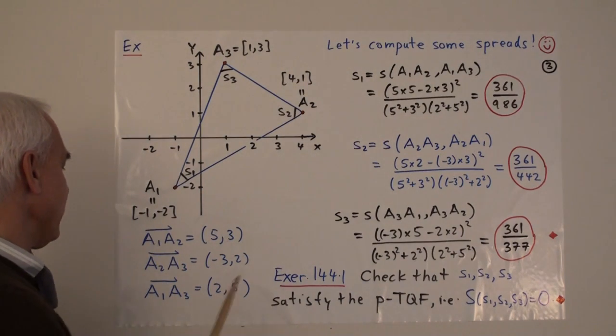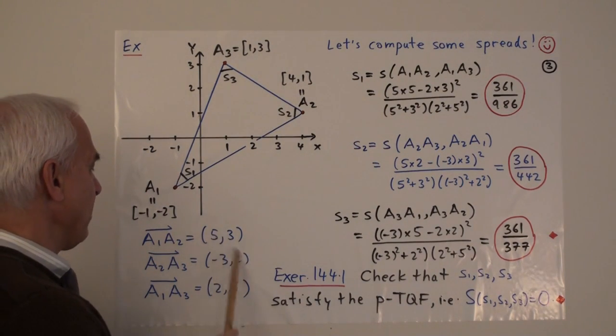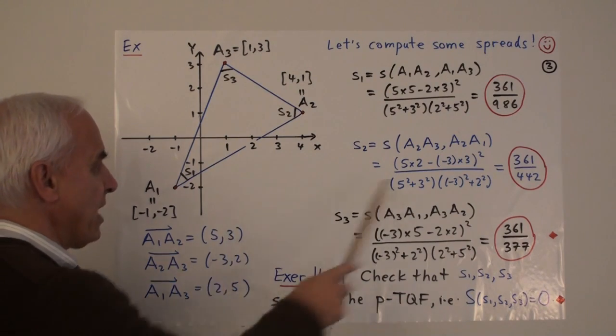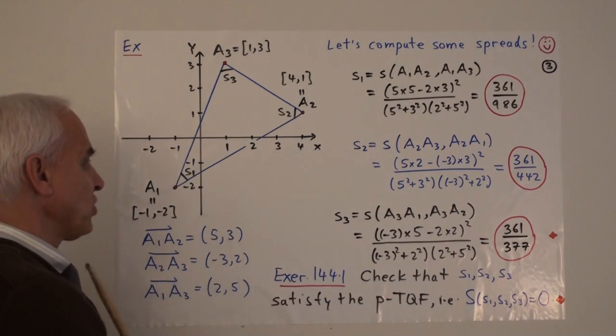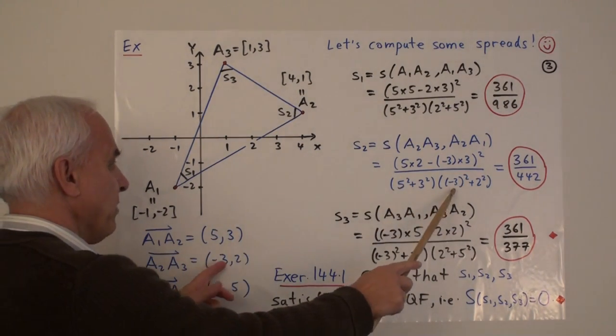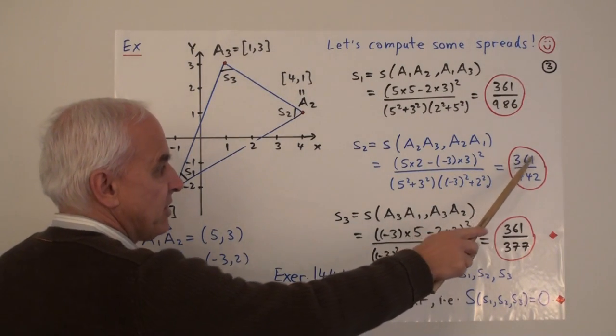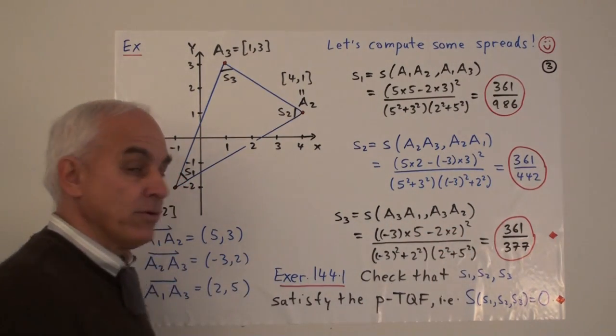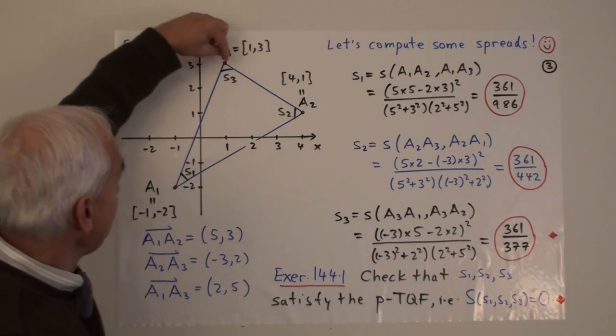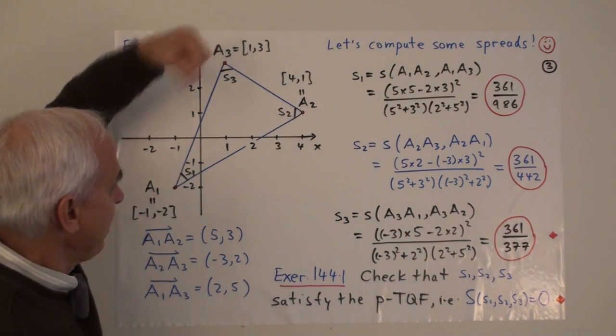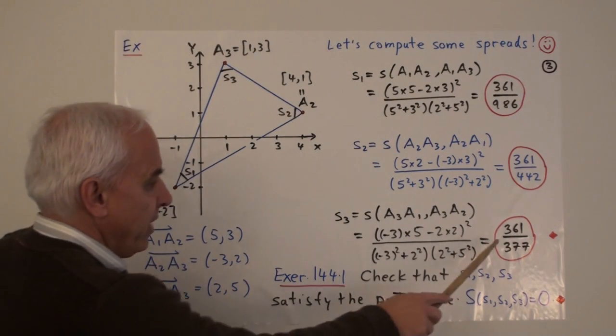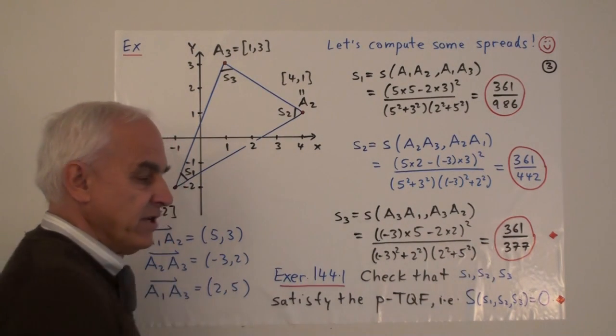So you can check that with these two, you get (5 times 2 minus 3 times -3) all squared, over the sum of squares here times the sum of squares here, and we get 361 over 442. And finally, the spread S3 up here is, well, you can check, 361 over 377.